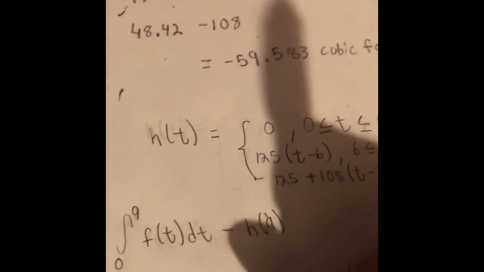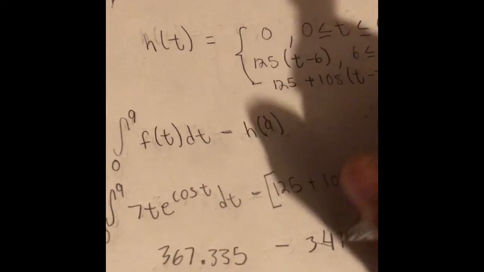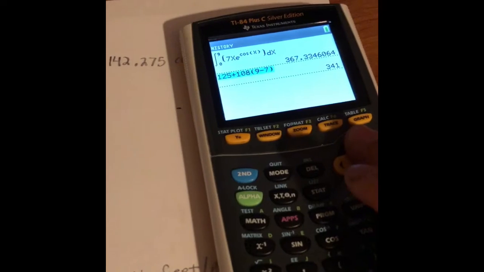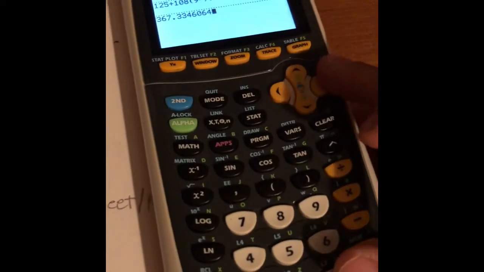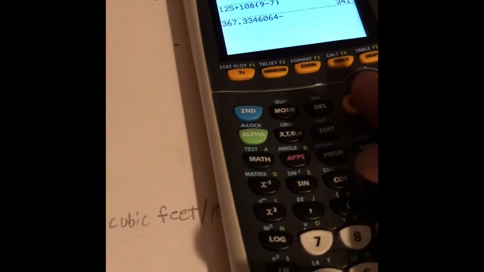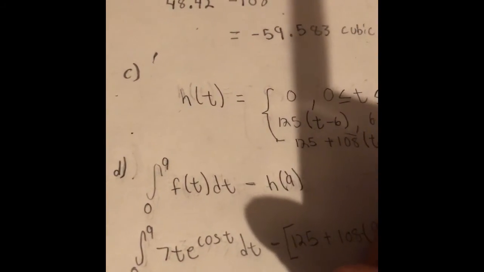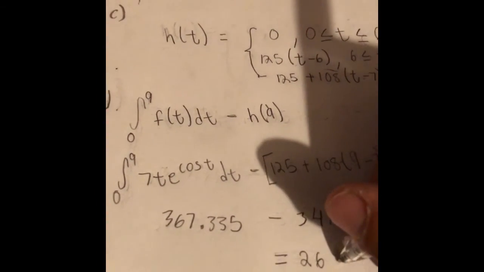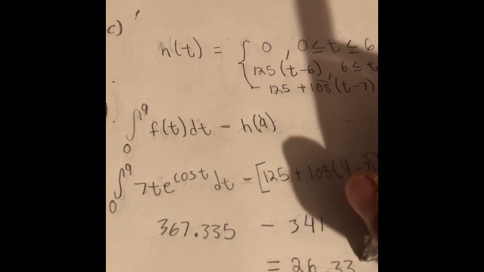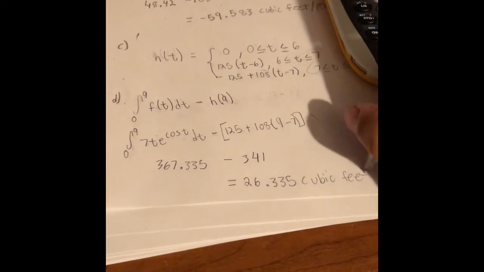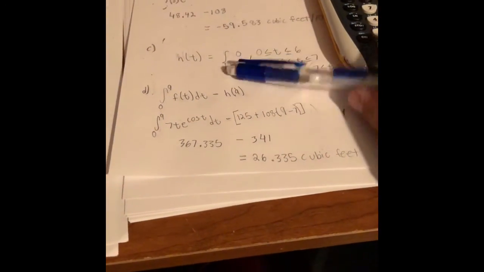Okay, oh wait, sorry. We get 341. So you can just subtract these from each other. And so we get approximately 26.335 cubic feet. And that's our part D.